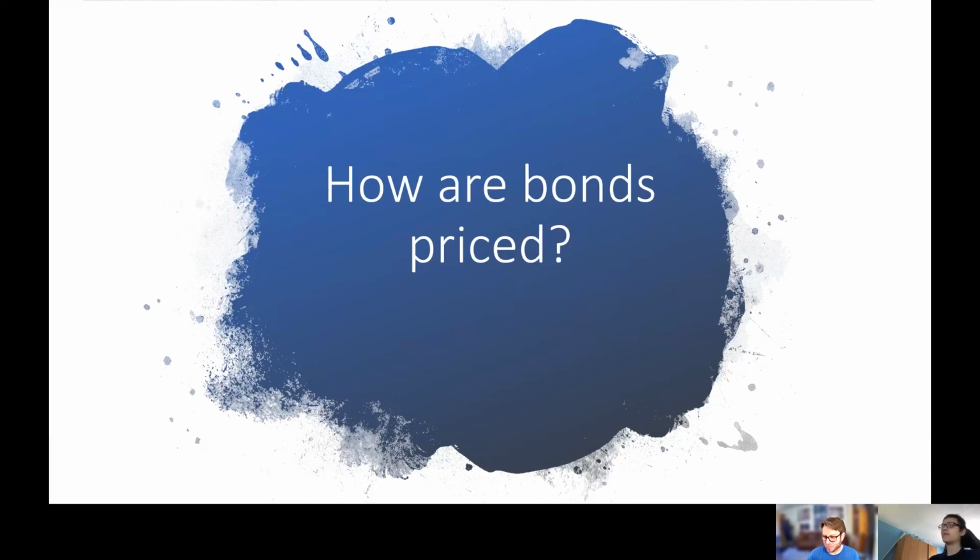For example, with interest rates going up, you might find that a bond is being issued with a very low coupon rate, which might cause investors to not want it. So its price goes down purely because of supply and demand.